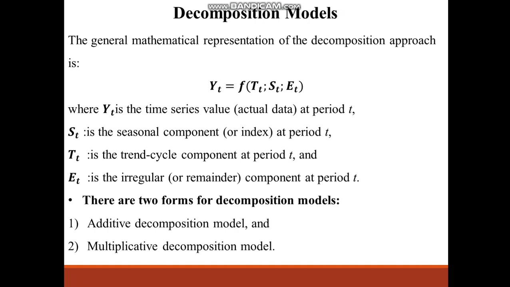St is the seasonal component at period t, and Tt is the trend cycle component, as we discussed in the last slide. Finally, Et is the irregular or remainder component at period t.